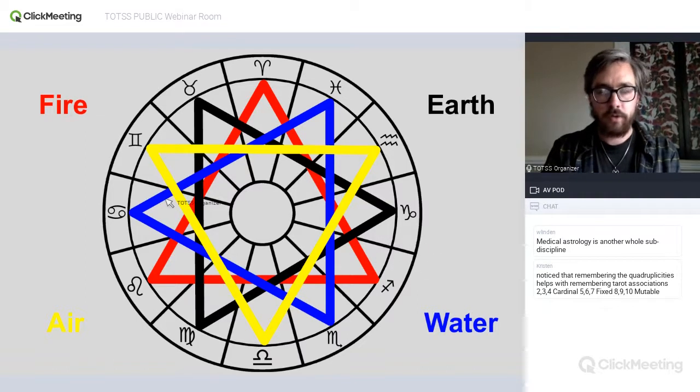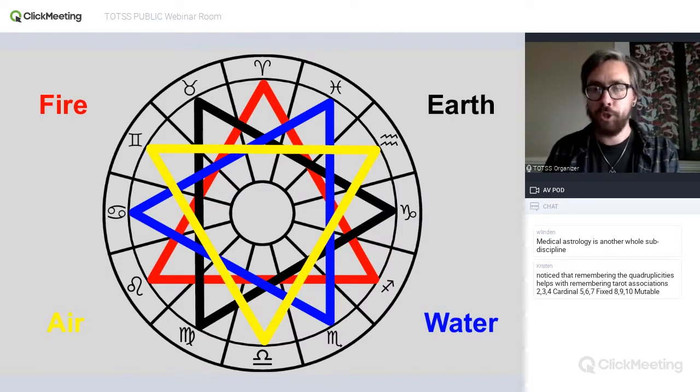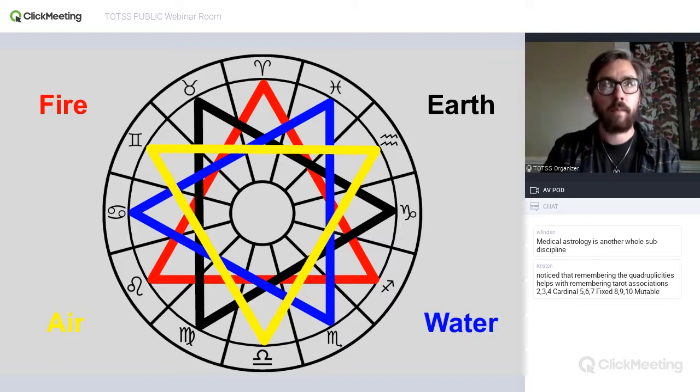Yellow triangle links the 3 air signs: Gemini, Libra, and Aquarius. And then the blue triangle links the 3 water signs of Cancer, Scorpio, and Pisces. And also just illustrating the geometry here, and this geometric way of thinking, and also the kind of mandala-like quality that I think these things have. I think that's nice to see.